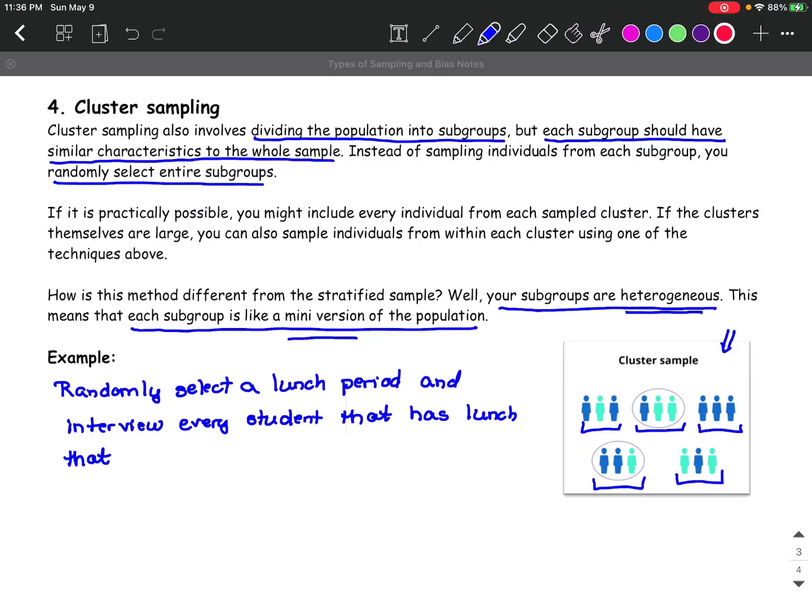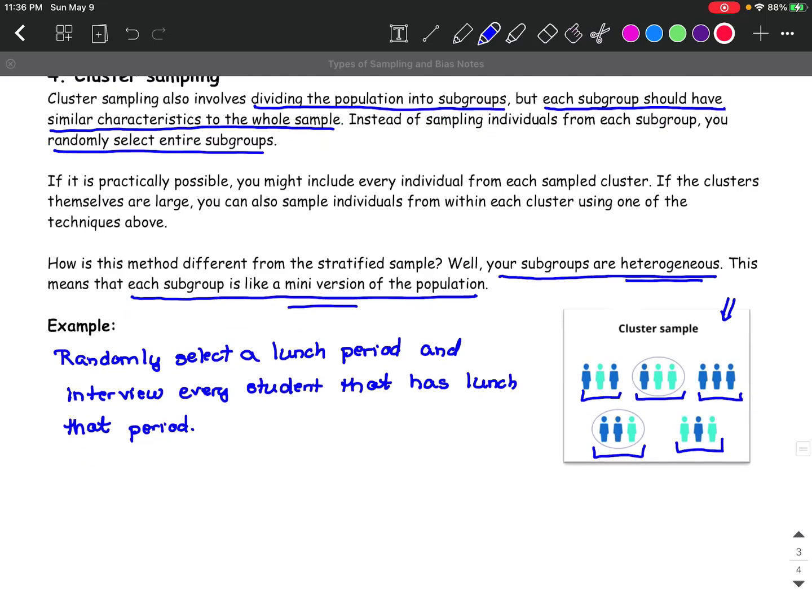You'd have to grab some seniors before they leave. Okay, so everybody who has a lunch period, not everybody who's in the cafeteria. Okay, so you'd have to randomly select a lunch period and interview every student that has a lunch that period, not everybody that's in the cafeteria. Okay, so that's cluster sampling.